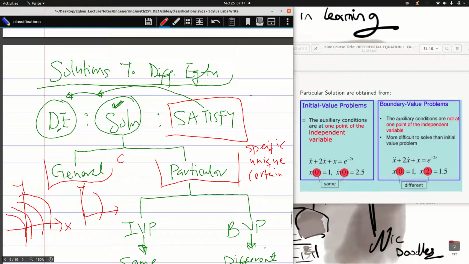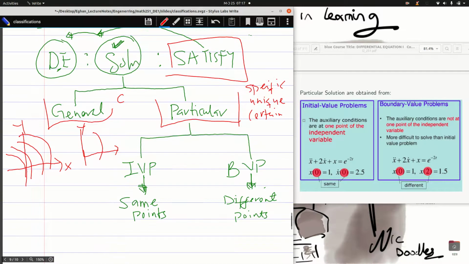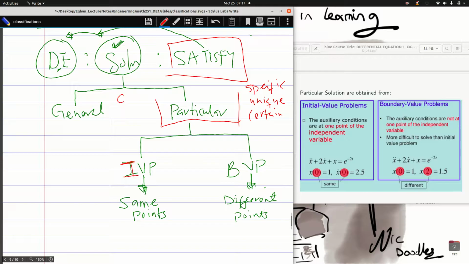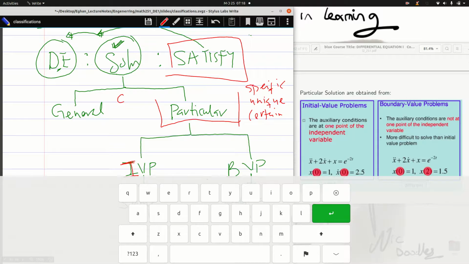The particular solution comes from two forms of problems. I can do away with this graph here to make the sheet cleaner. The particular solution has IVP, that is initial value problem, as you can see on the slide. And then the B stands for boundary value problem.